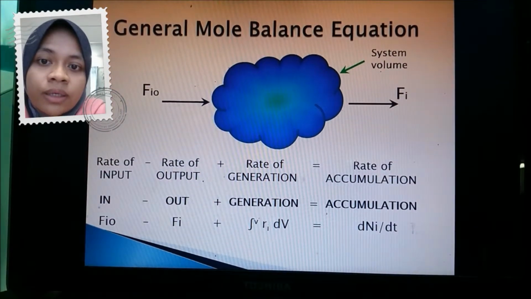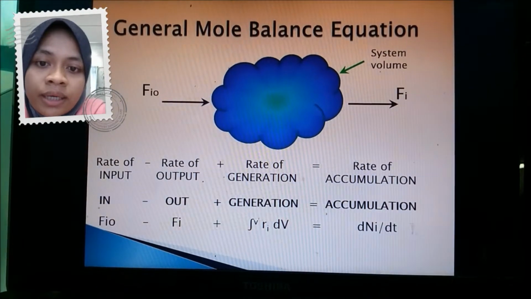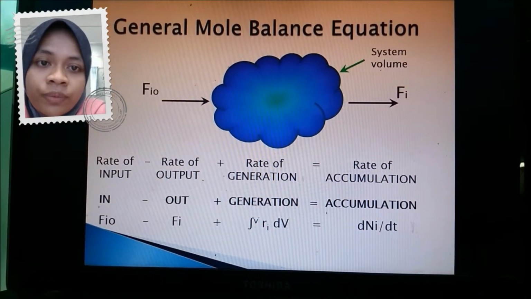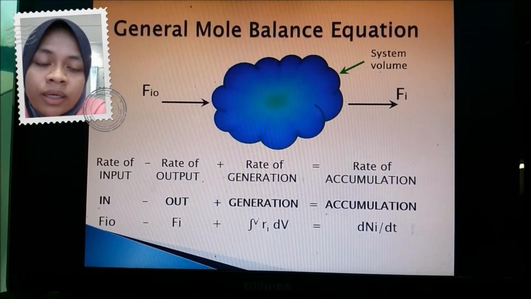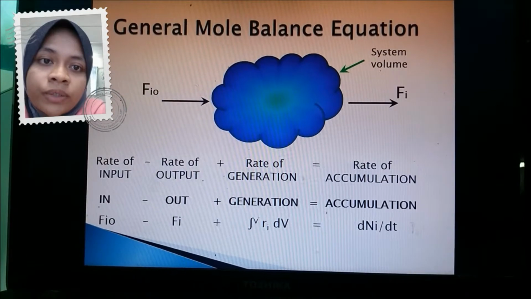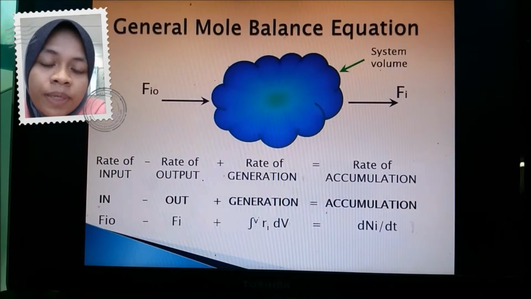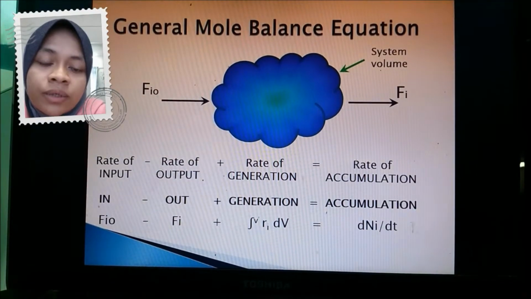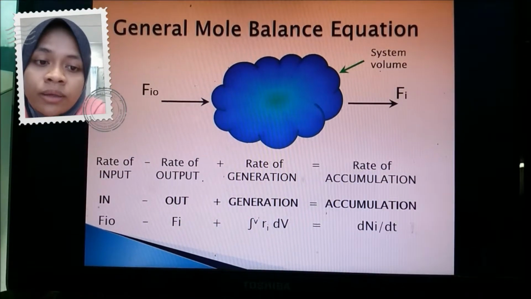In this reaction, we can see that there is flow rate of the reactant inside the system volume, and also the flow rate of the product going outside of the reaction. So the general mole balance equation is the rate of input minus the rate of output plus the rate of generation equals the rate of accumulation. That is the rate that we want, the rate of accumulation.